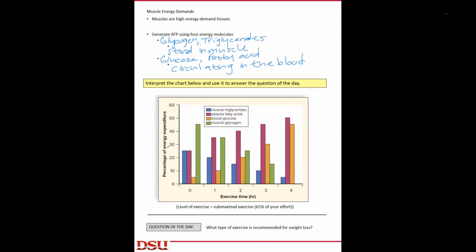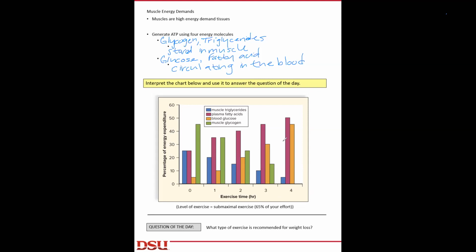Okay, so what type of exercise is recommended for weight loss? So this, probably we should be looking at what is going to be the most efficient at being used, if you will, and then where that's being used.